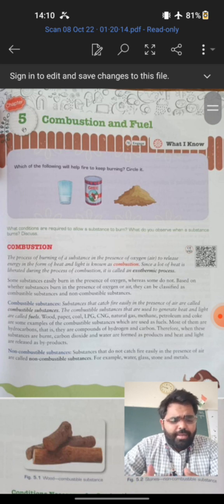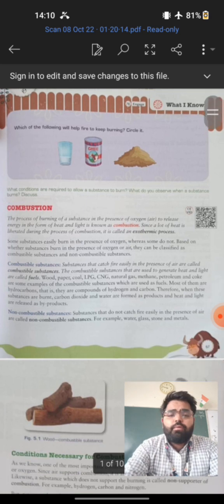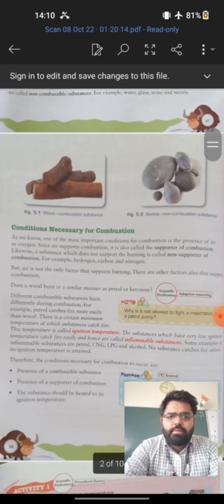Substances that can easily catch fire in presence of air are called combustible substances, and those which are basically used for generating this heat and light are also called fuels. There are different examples like wood, paper, coal, LPG, which come under the category of combustible. And non-combustible will be the ones that do not catch fire in presence of air, examples are water, glass, stone, and metals.